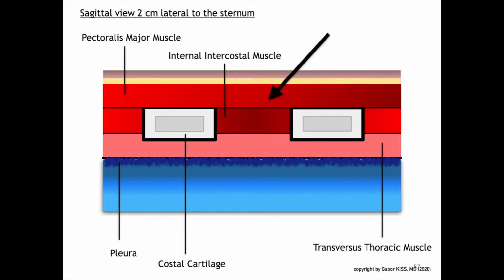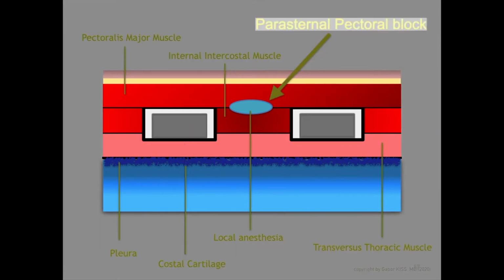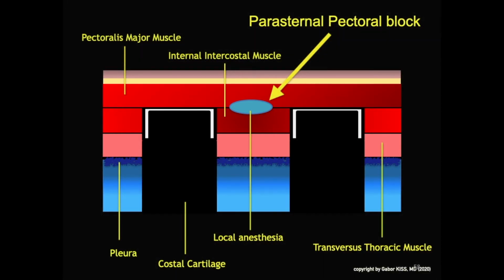In order to perform a parasternal pectoral block, local anesthetic is injected between the pectoralis major muscle and the internal intercostal muscle, as shown here on the slide. As a reminder, costal cartilage is displayed as a black shadow in ultrasound imaging.